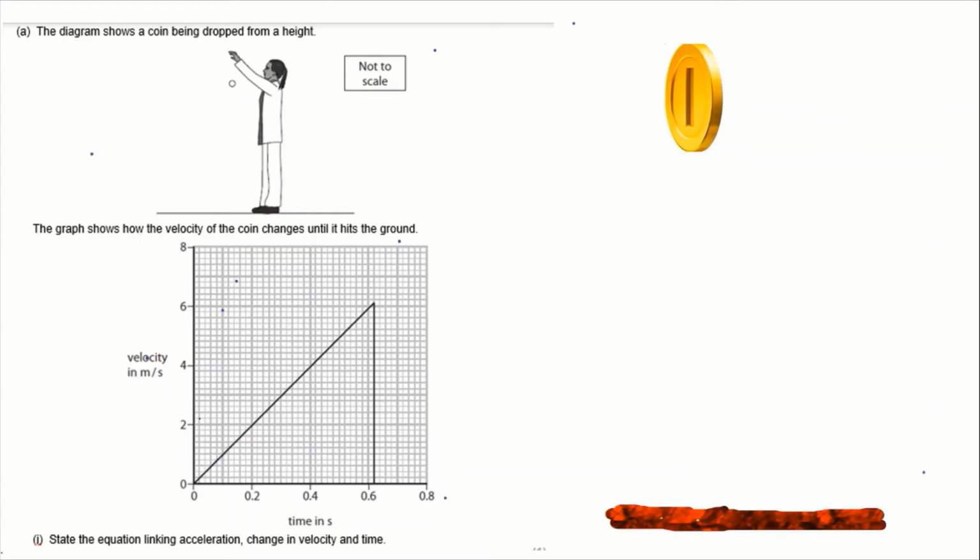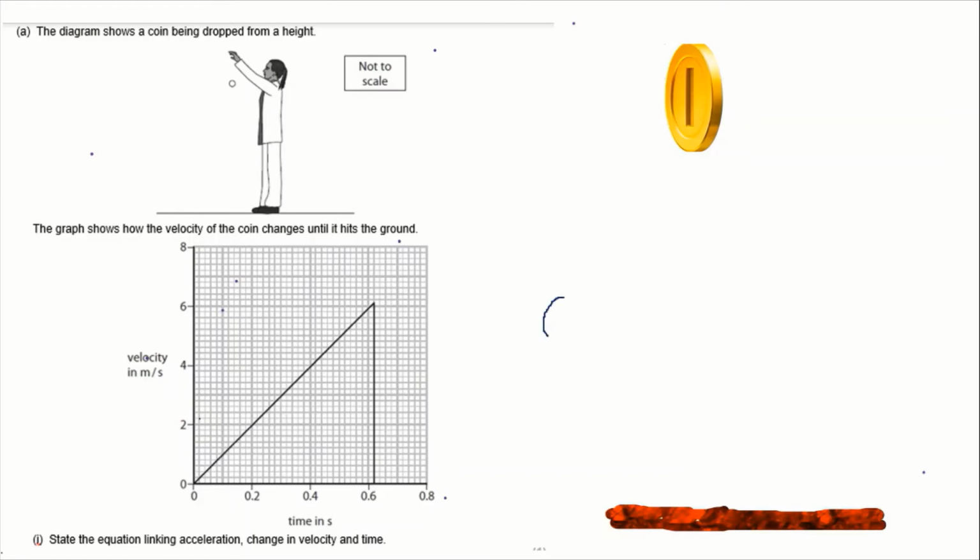Question number 1 is: state the equation linking acceleration, change in velocity and time. So they have clearly stated what we need to use here. And it's just to state, so our command word here is state.